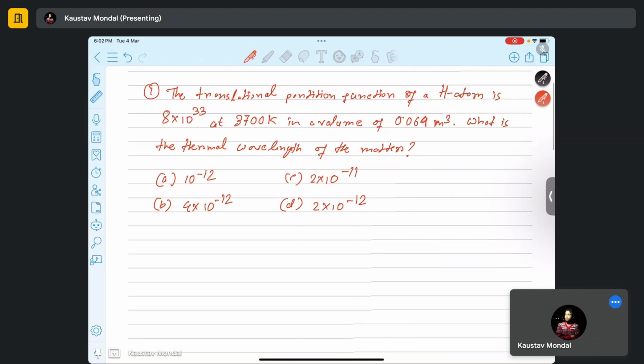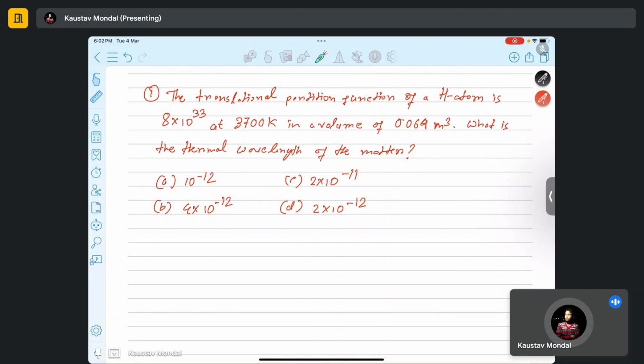So basically you have to find out the translational partition function of a hydrogen atom. The translational partition function of the hydrogen atom is given as 8 into 10 to the power 33 at 3700 Kelvin, in a volume of 0.064 meter cube. Then what is the thermal wavelength of the matter?